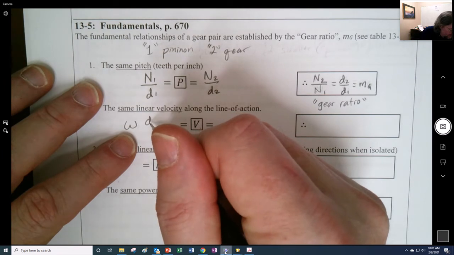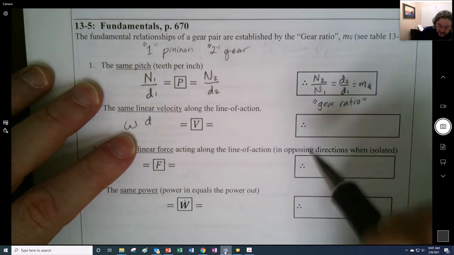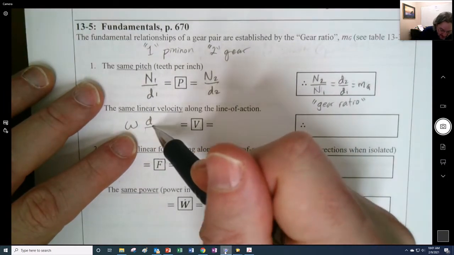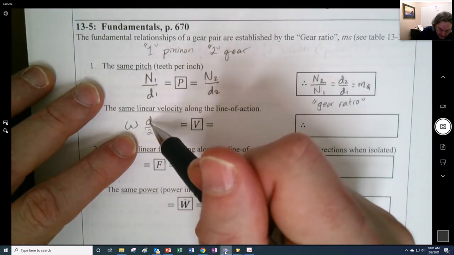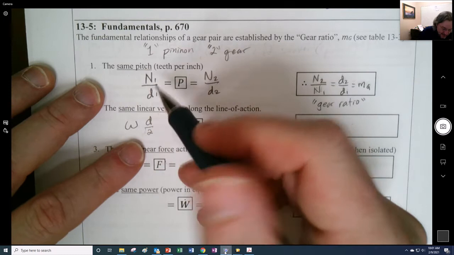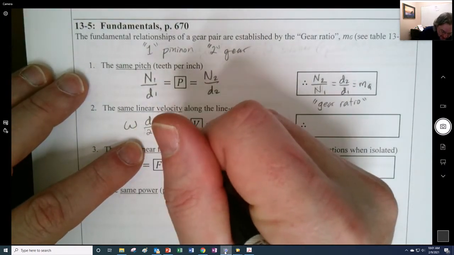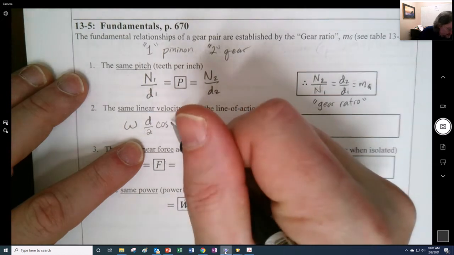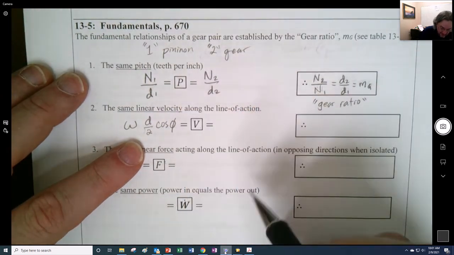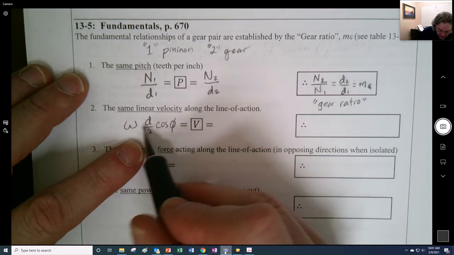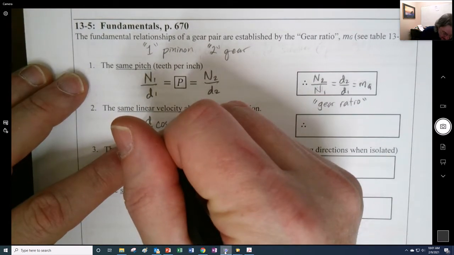That's the definition of the speed at a point on the tooth: just that times the radius, right? So that's the diameter times the speed. And along the pitch line, it's also going to be times the cosine of phi right there, so this is really the base circle radius times this.